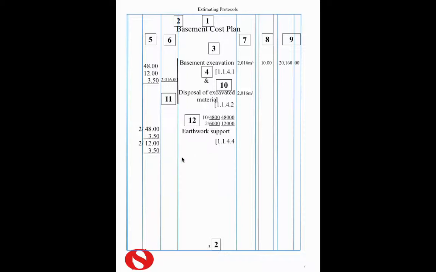The next one, number 13, indicates this far left hand column, the timesing column, where we're multiplying 48 by 3 by 2, so it's twice times 48 by 3.5 and twice times 12 by 3.5. Those come forward to our squaring column of 420 square meters, and that can go in this column here.